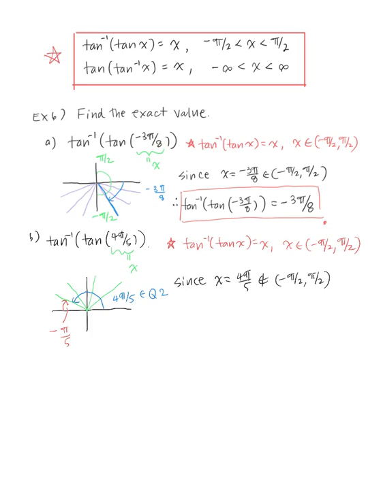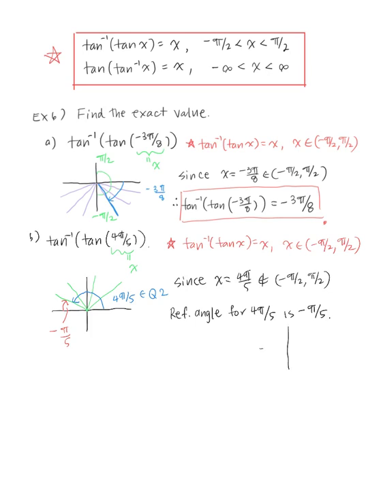Let me just spell it out. Reference angle for 4 pi over 5 is negative pi over 5. Now notice that negative pi over 5 is inside of the interval negative pi over 2 to pi over 2. The way that I drew the picture on the left, it is in quadrant 2, so it's not between negative pi over 2 and pi over 2, but remember how to compute the reference angle.